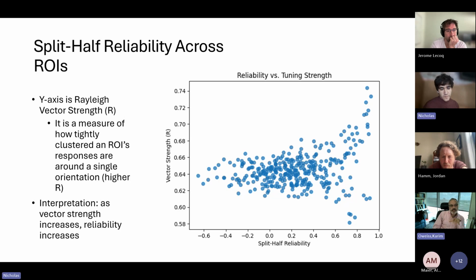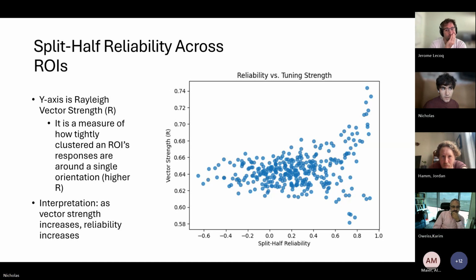Of course, in this case, all these rightmost dots, all these rightmost ROIs, are they not as sharply tuned, or are they sharply tuned? If they're higher up on the y-axis, they're more sharply tuned. If they're more to the right, that is higher on the x-axis, they exhibit more reliable tuning in their given block.